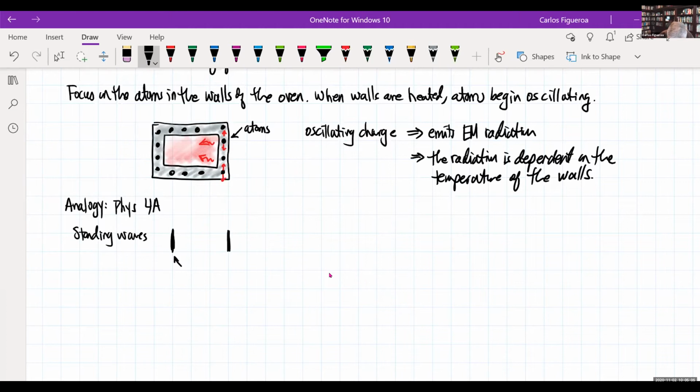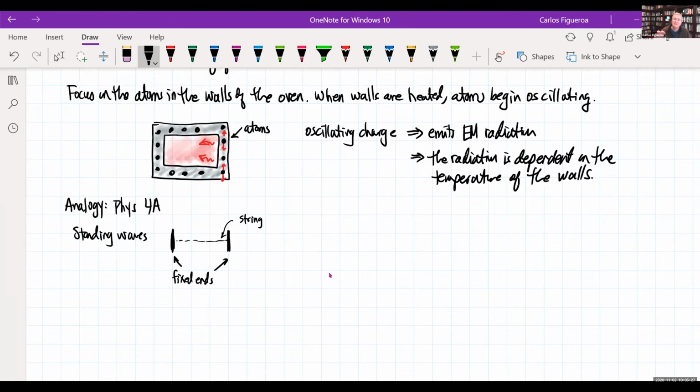Okay? This and this here, these are fixed ends. And then you come in and you put an oscillator on a string. So you could imagine that this right here is an elastic string.